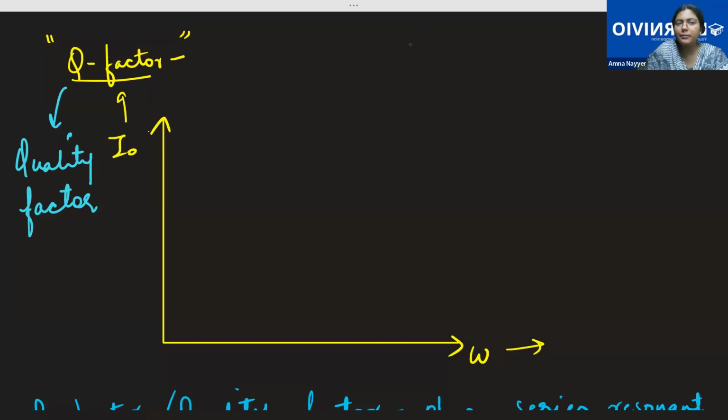So Q factor tells you the quality of the resonance. How sharp is your resonance, or how blunt is the resonance condition? So Q factor basically tells about the sharpness of the resonance.